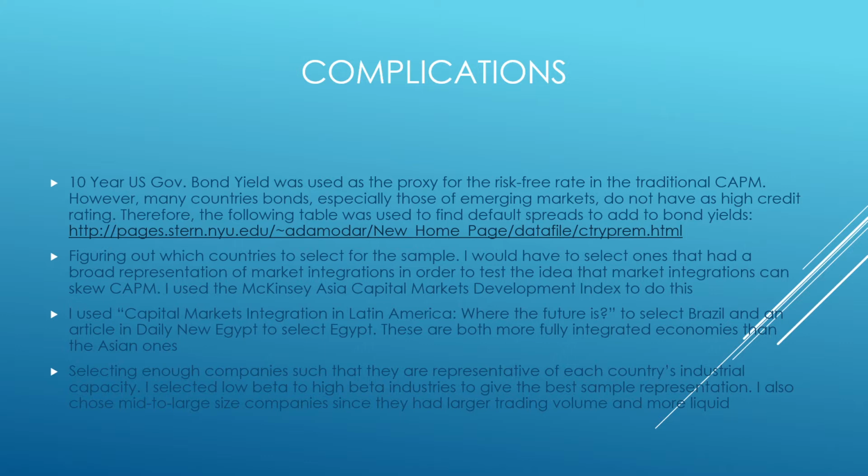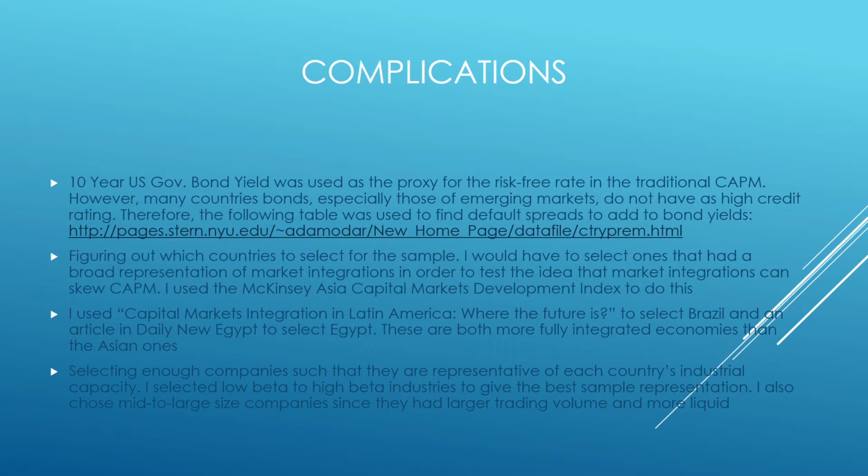And I'd like to talk about the complications that arose when trying to formulate this study and run the regression. In the original capital asset pricing model, the risk-free rate was proxied by the yield on the 10-year U.S. government bond. The U.S. government bond had a very high credit rating, but other countries are not going to have this high of a credit rating.